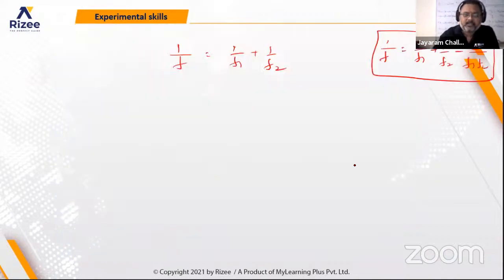What is the first one? The first one is a double concave lens. 1/f = (mu - 1)(2/r) + (mu - 1)(2/r).